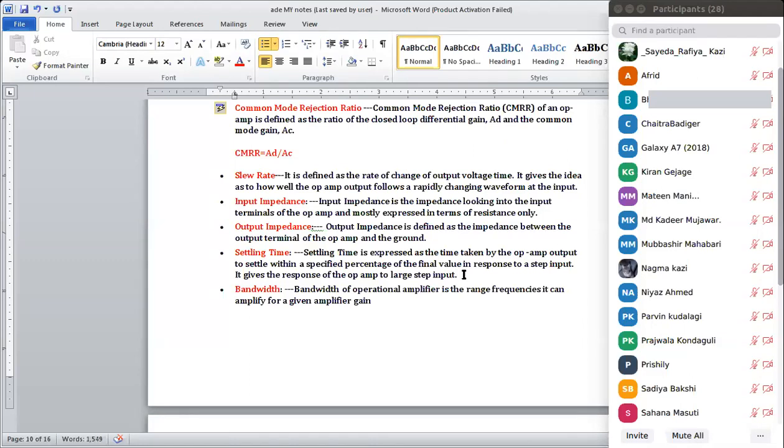What is the time taken to change from 0 to 3 volts? The specified final value is 3 volts, and it should continuously show 3 volts. This particular time is called settling time.